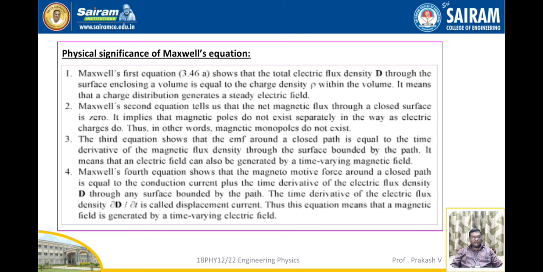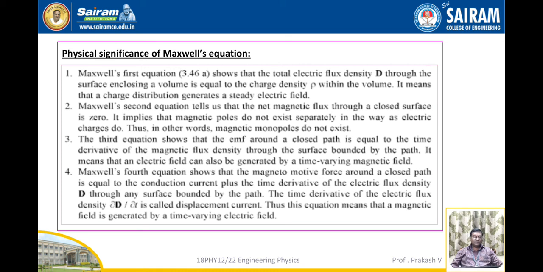The third equation shows that the EMF around a closed path is equal to the time derivative of the magnetic flux density through the surface bounded by the path. It means that an electric field can also be generated by a time varying magnetic field.